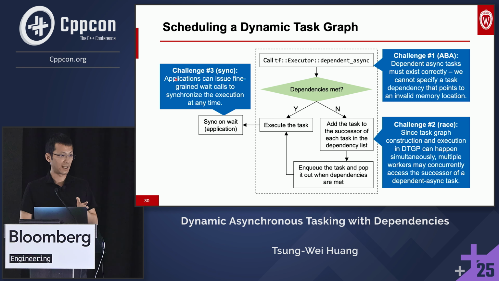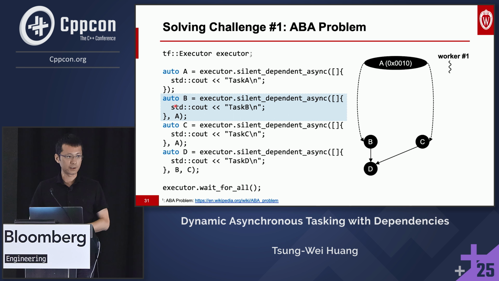Let's take a look at challenge number 1, ABA. So ABA means every time you specify a task dependency, such as task B depending on task A over here, that task A needs to refer to the right task A. And this is because in dynamic task graph programming, when task A is created, it may start immediately and finish really quick before you want to use it, right?